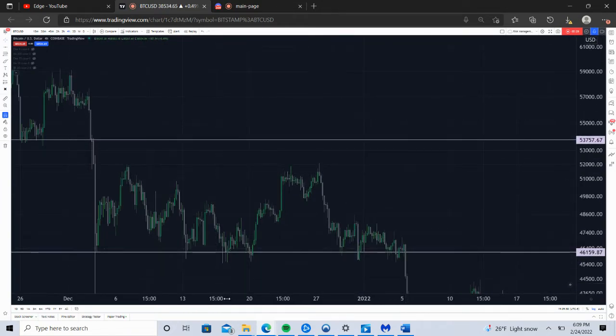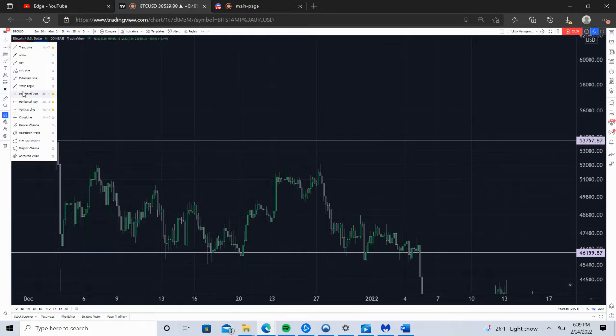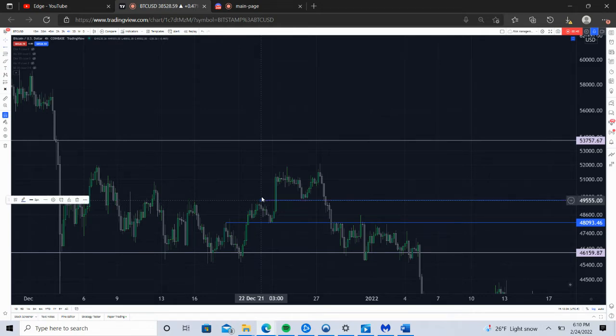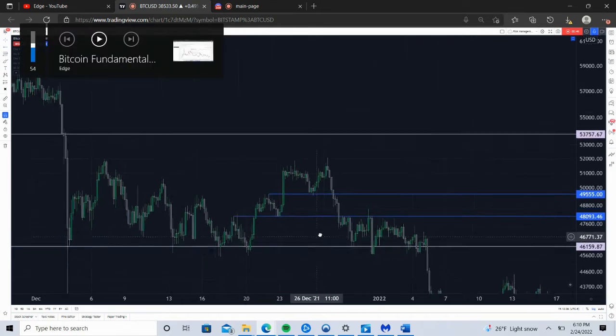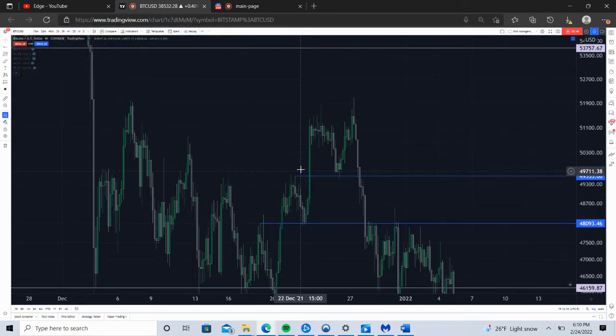Anyway, we have this point of release here, right? And we can mark off these highs and see pretty obviously that they do act as support after being broken. So this high here comes up, comes down. This high gets broken, comes up, comes down.